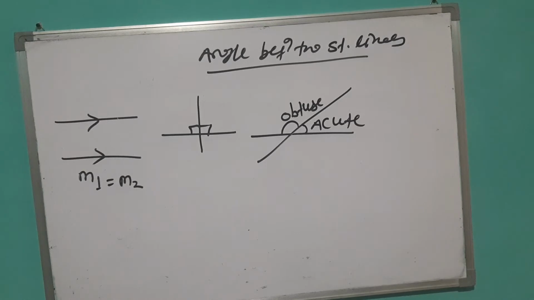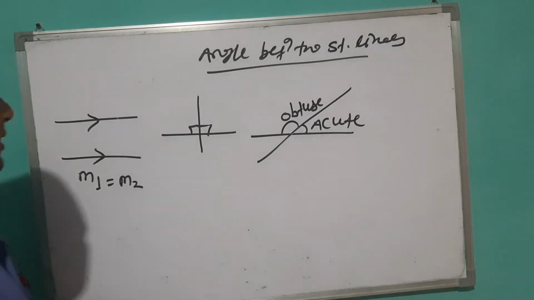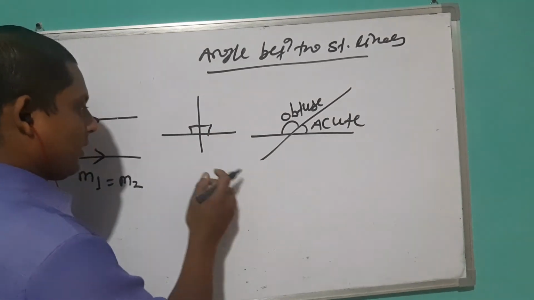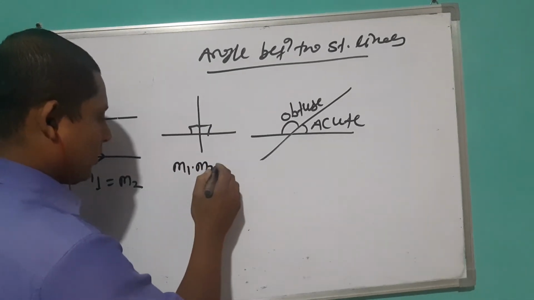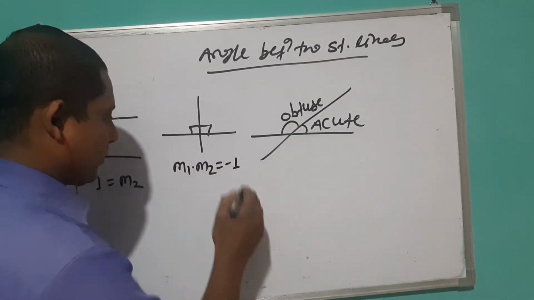I have already told about M; we can find out M by two methods, as explained previously. The second condition: if the lines are perpendicular, then the condition is M1 into M2 is equal to minus 1.